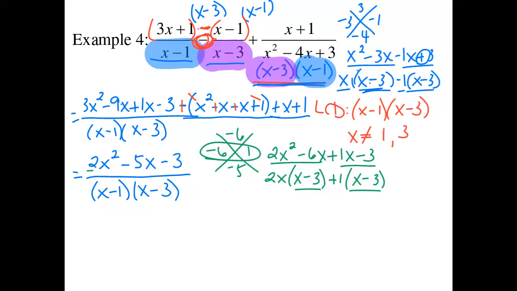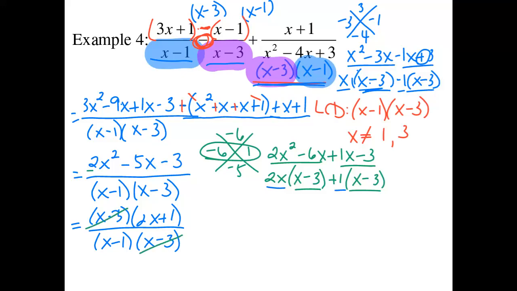So I can rewrite our fraction as x minus 3 on the top. That sounds good. And then our two GCFs were 2x and positive 1 to complete the trinomial. And then our common denominator, x minus 1, x minus 3. And thankfully, we didn't do that work for nothing this time.